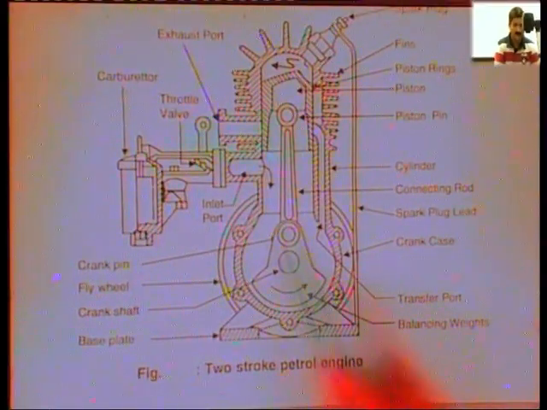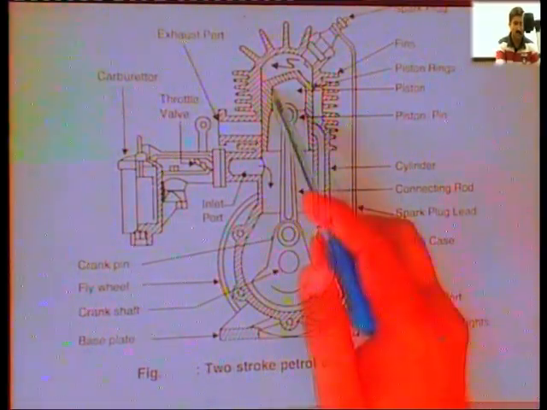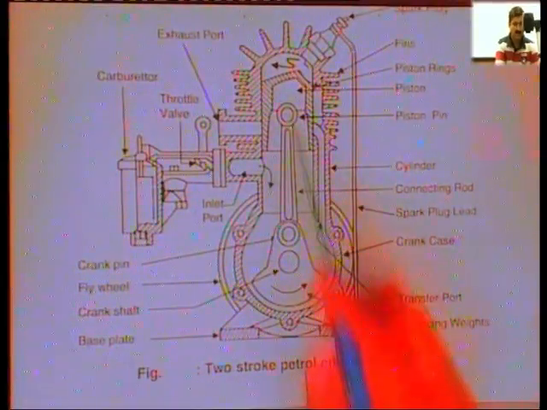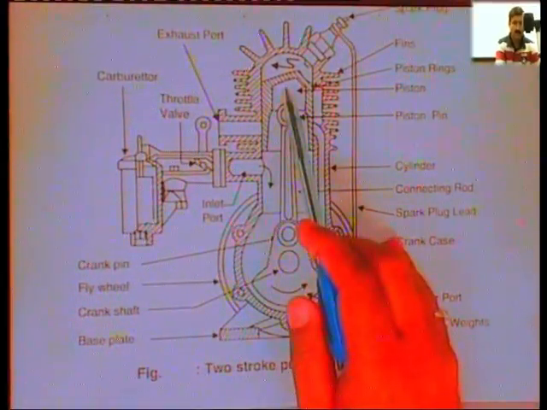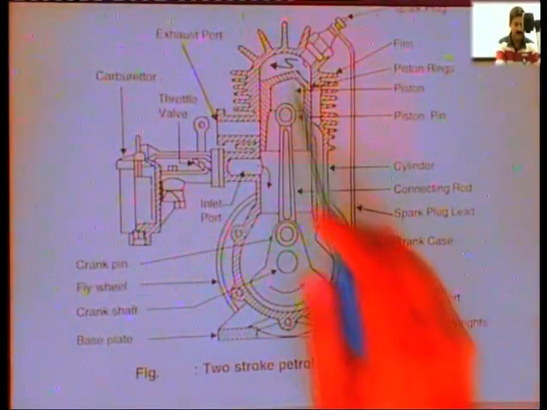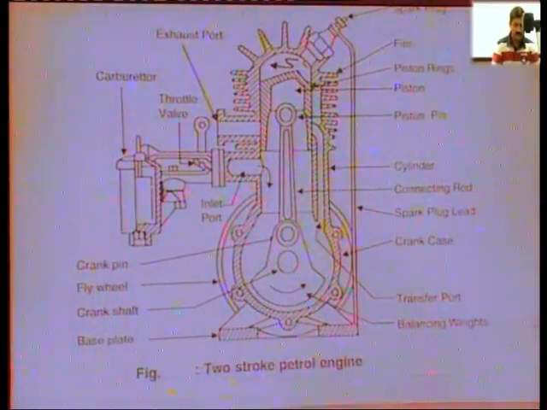This is the crankshaft. It gives the lubrication also, but it goes along with the petrol through the transfer port to the ignition chamber, and here lubricant also burns with the petrol, and hence the smoke is there, and it also forms a carbon deposit over this piston and the cylinder blocks and all this area.